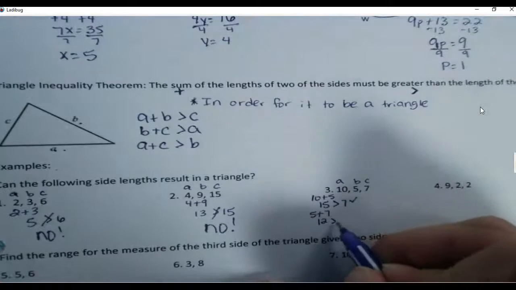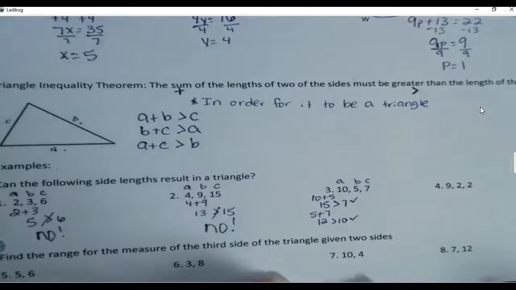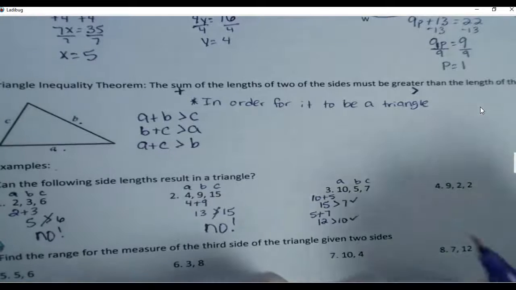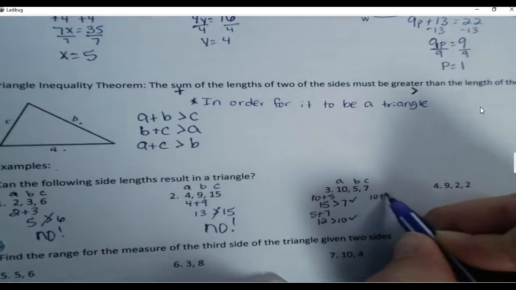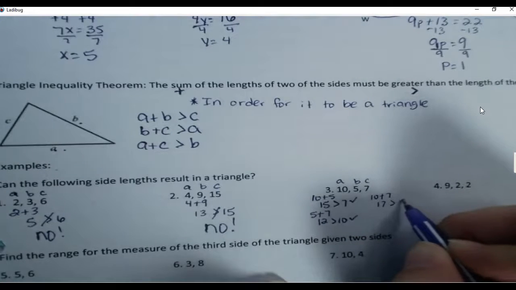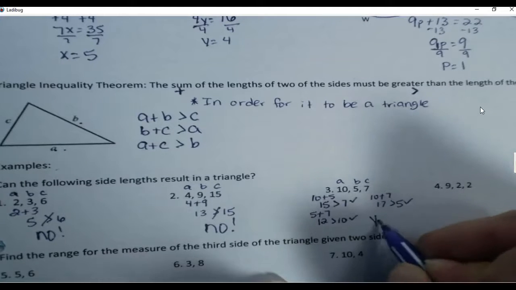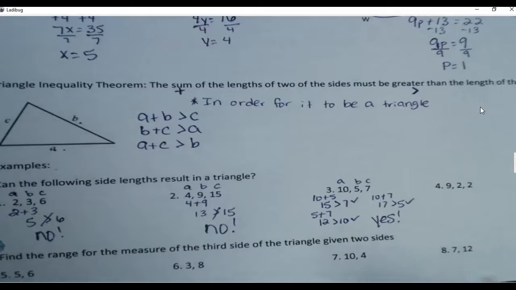Is 12 greater than 10? So then just one more to check, which is 10 and 7. So 10 plus 7 is 17 greater than 5? Yeah. So this one could be a triangle.